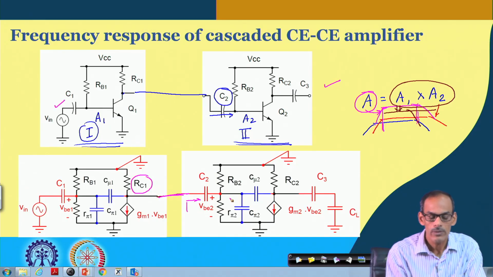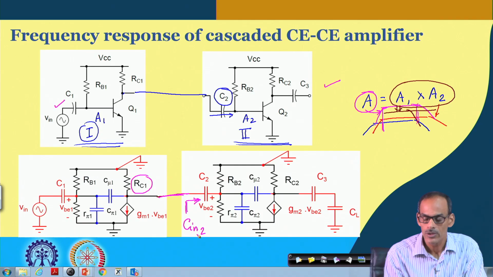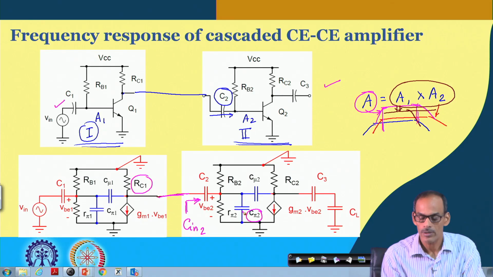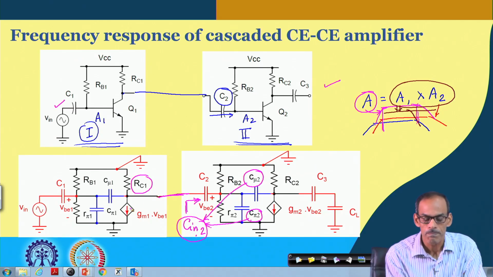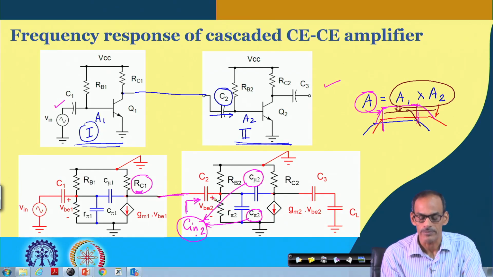And if I see the input capacitance coming from the second stage, say Cin of the second stage, which may be primarily due to the C pi of the second stage and then the Miller-affected C mu, so this Cin2 is contributed by the Miller-affected C mu 2 and C pi 2 together, and then this Cin2 may form a pole with RC1 and maybe the input resistance here.